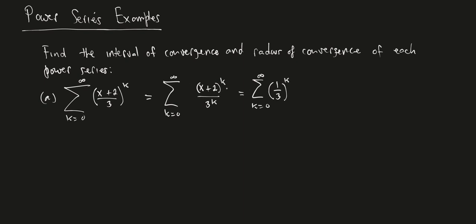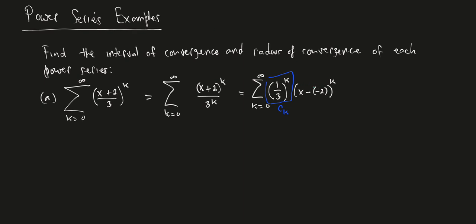And then the other factor, the numerator, I can write just for emphasis as x minus negative 2 to the kth power. Using our notation from our definition, this would be our c sub k, so those would be the coefficients.